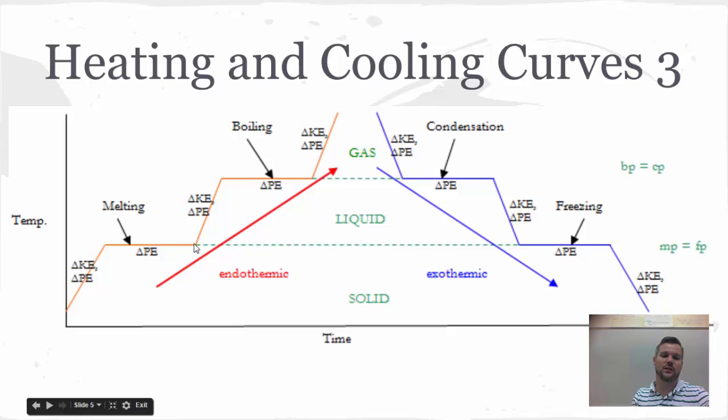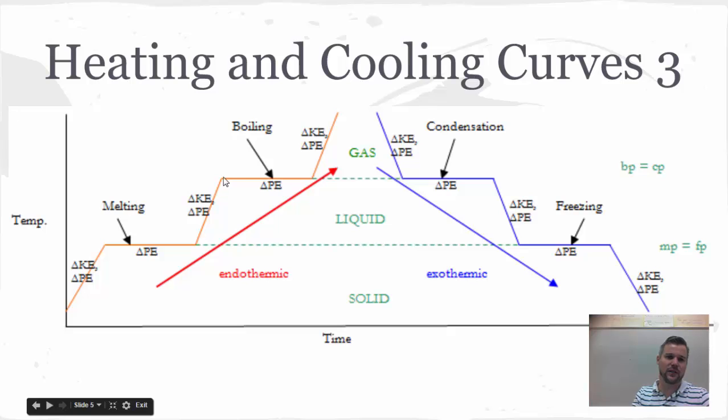And then once we get to the very end, as time continues, right here is where all of the solid has melted, and it's only liquid in that system. So only liquid, temperature of the system's increasing, hence the change in KE. Once we get to the next plateau, KE doesn't change. Temperature doesn't change at this point, because the energy that's being added is being used to stretch out those particles, to expand that rubber band.